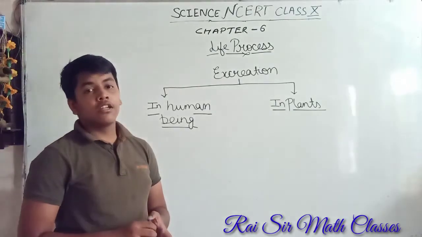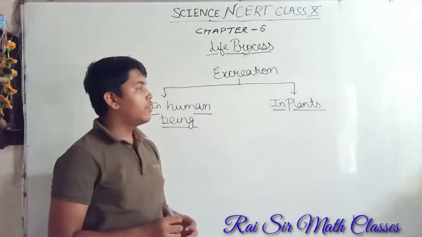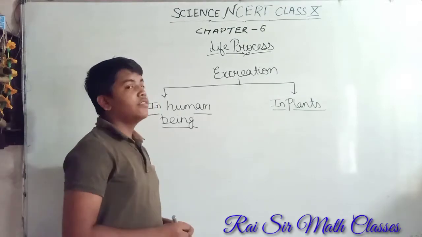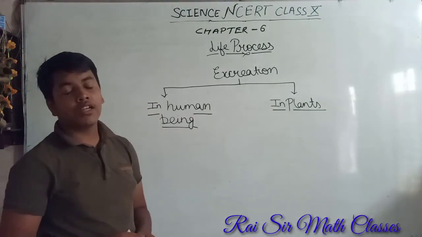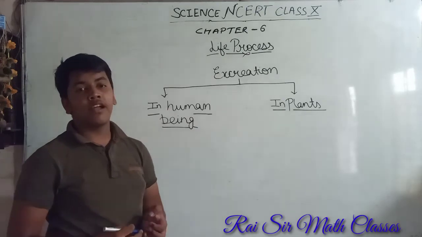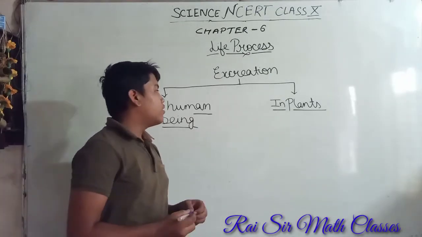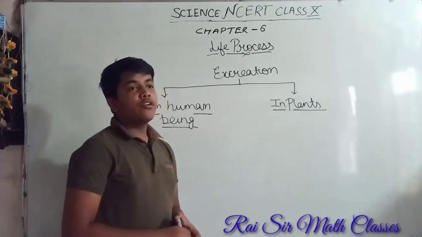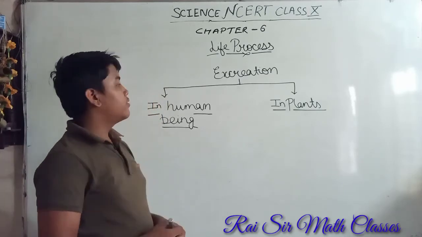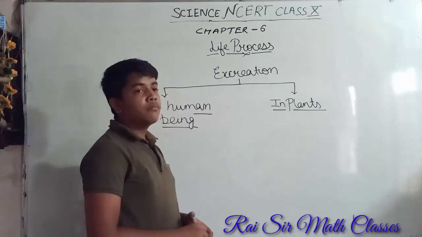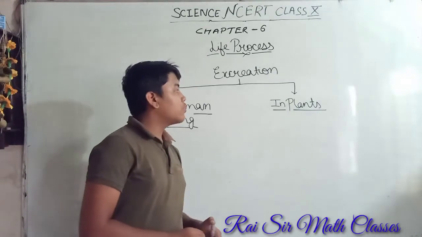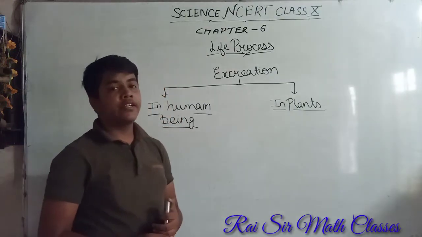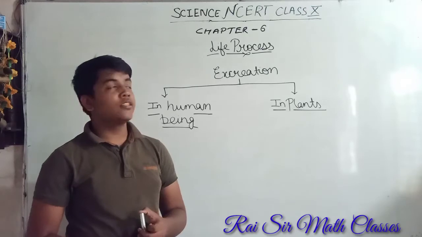Now the most secret part of the plant is the gums and resins, which are used to make paper and lubricant oils. The unwanted or waste part is stored in the plant in gums and resins. So this is how the plant excretes its unwanted particles.